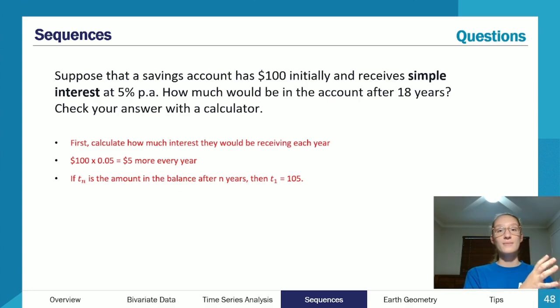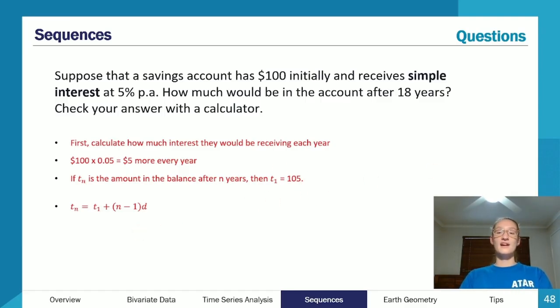So T0, after 0 applications of my rule, is 100, because I've defined Tn as the amount in the balance after n years, and at T0, 0 years have passed, so I know there's $100 in the account initially. Then after 1 year has passed, there's $105 in the account. So I've defined T1 as 105 so that I can use this rule here, because I can't use this rule with T0, I have to calculate T1.